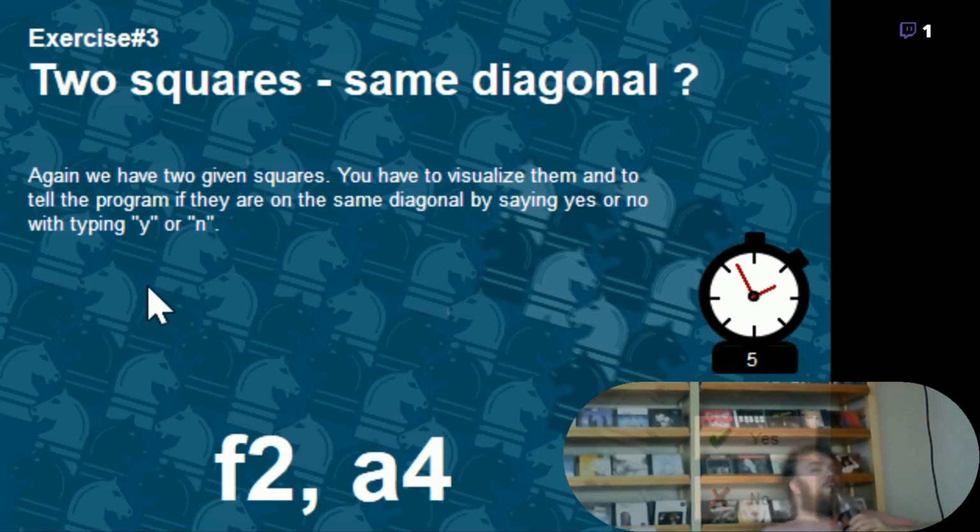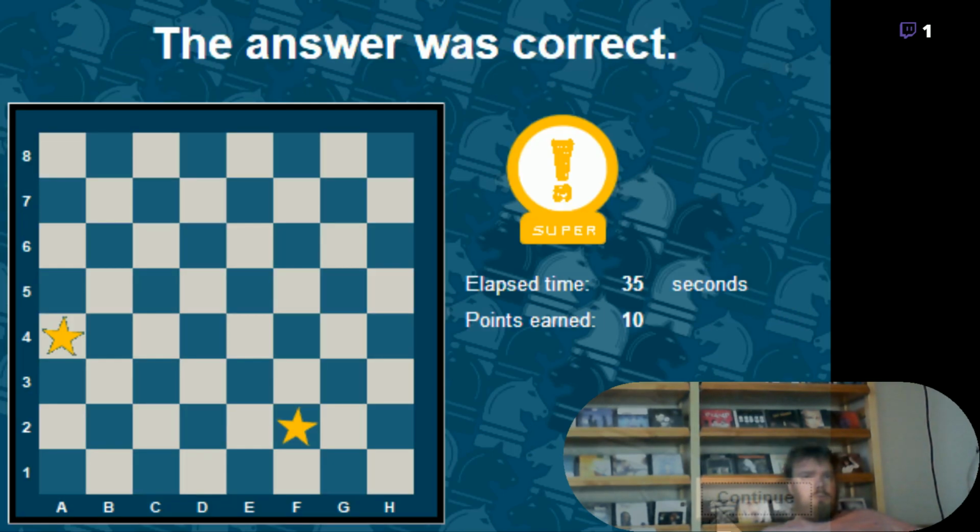F2 leads to E1, and E1 leads to H4 and A5, but not to A4, so no.